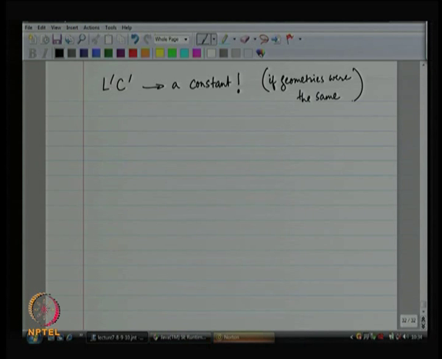Unfortunately, I can't prove this because we did it differently.